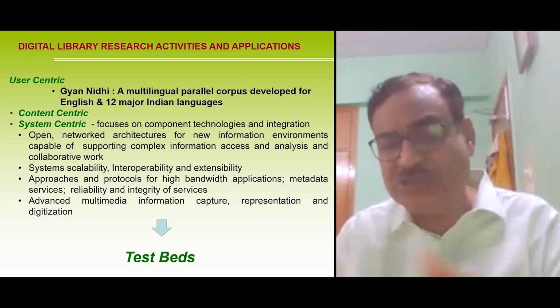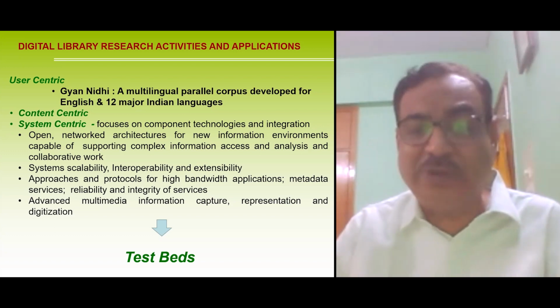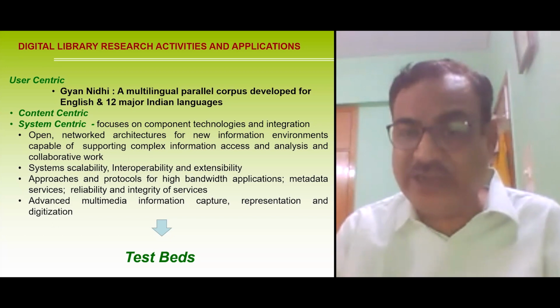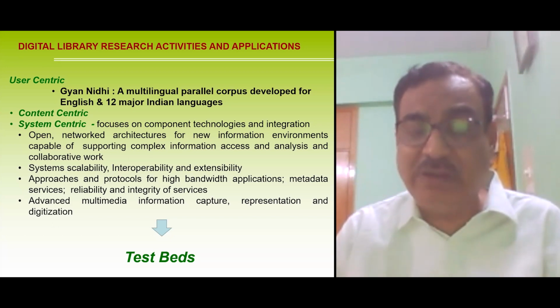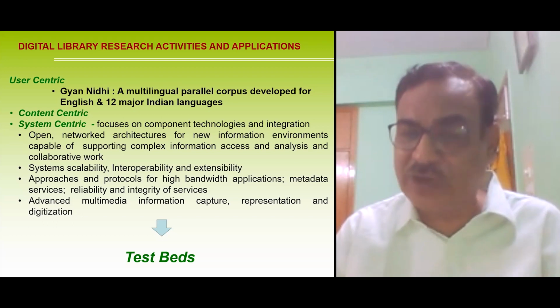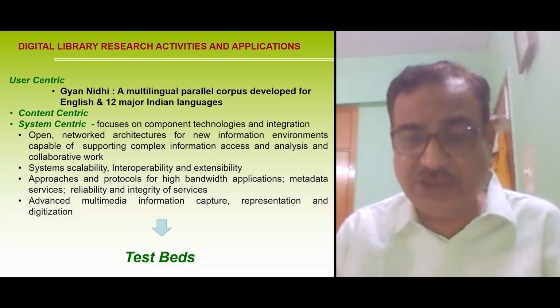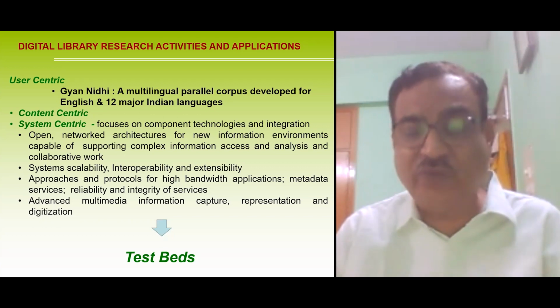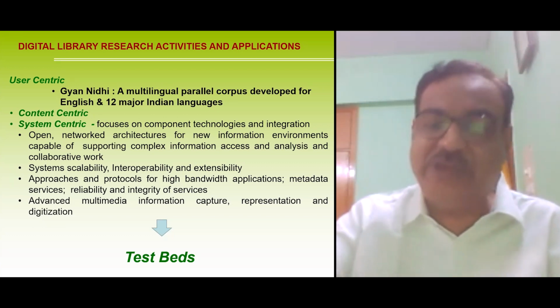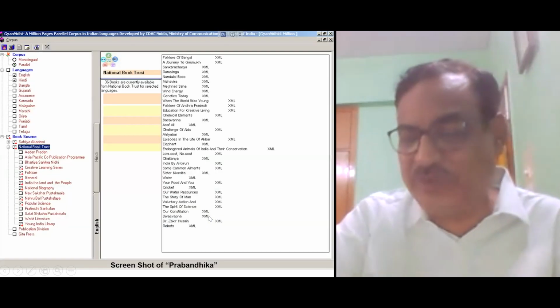As far as system, we started working on interoperability. We started on indexing, creating multiple language put together, and then ultimately for our own research of cross-lingual access, for machine translations, for extractions and knowledge management, we started creating test beds.